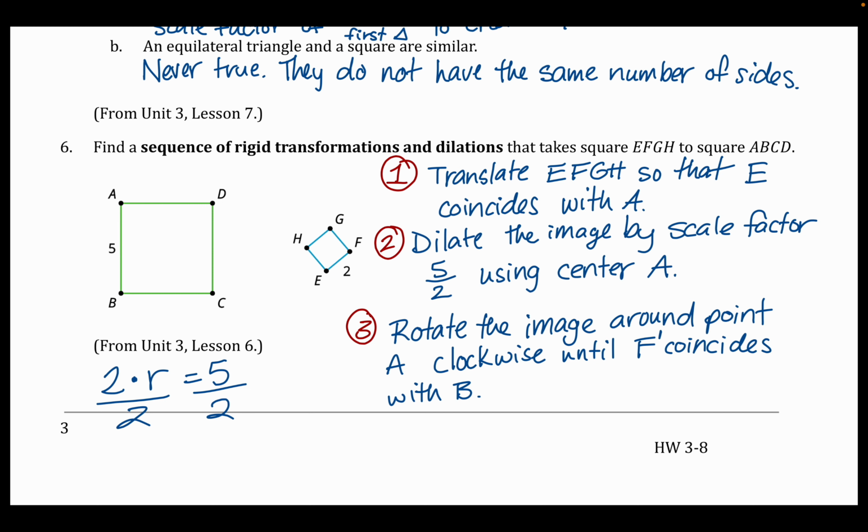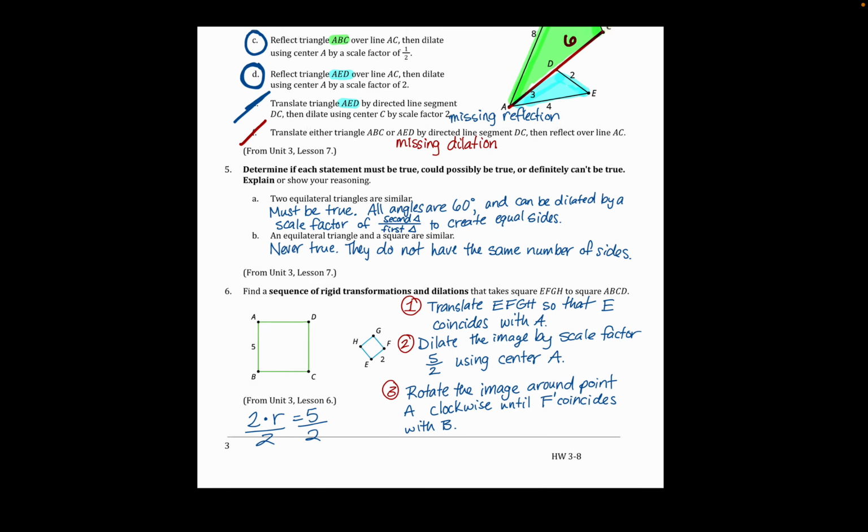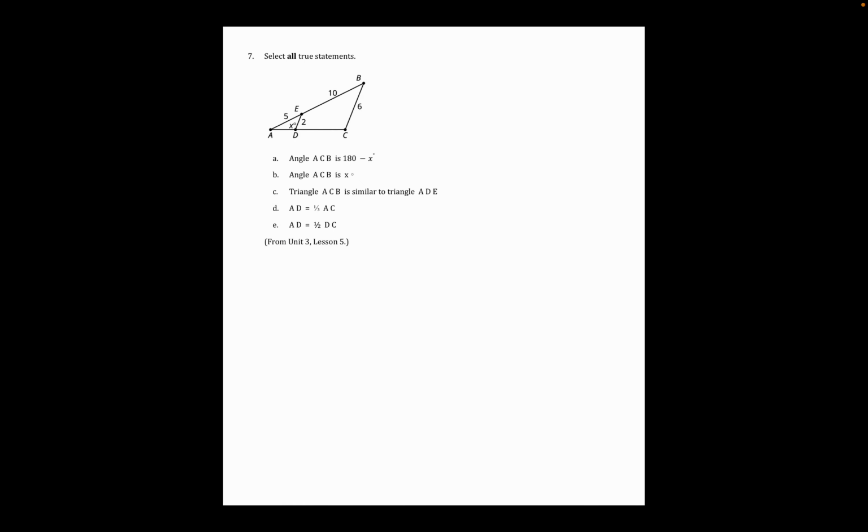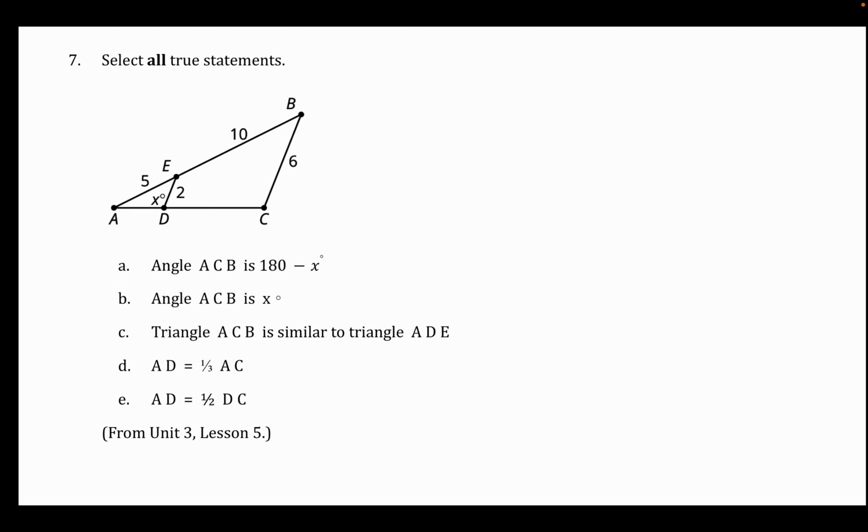The other way I could do this, if I did the rotation first, is I would have to tell you how many degrees. I don't have degrees marked on here, and I could create an angle based on some of the letters, but that gets complicated. It's so much easier to get it to the right size and then swing it into position. Again, sorry about that one. That's number 6. Last one we have here is number 7, and then we're all done.